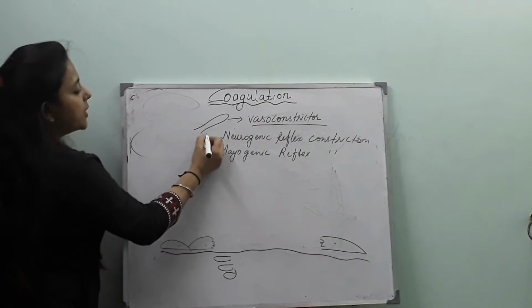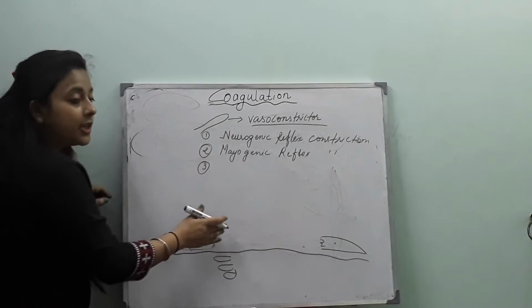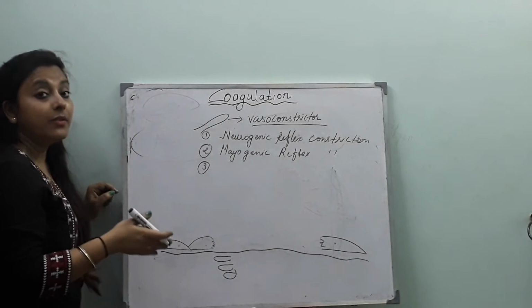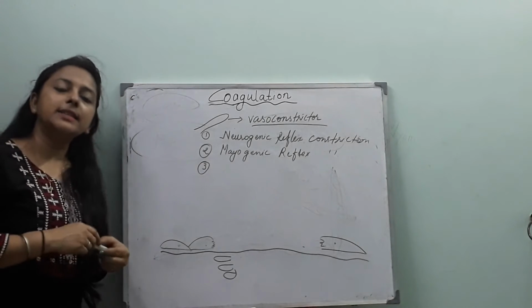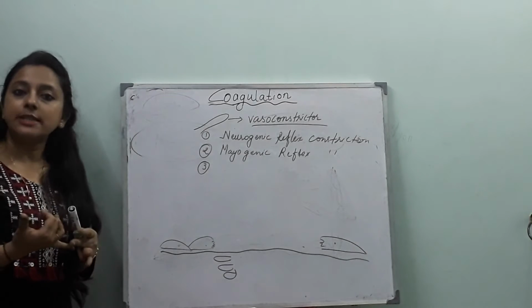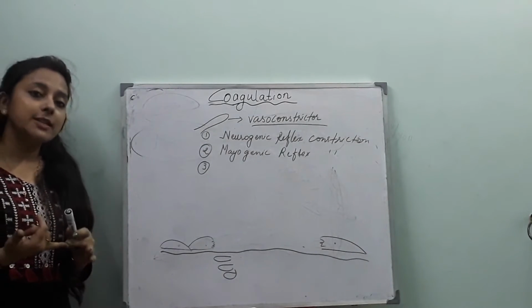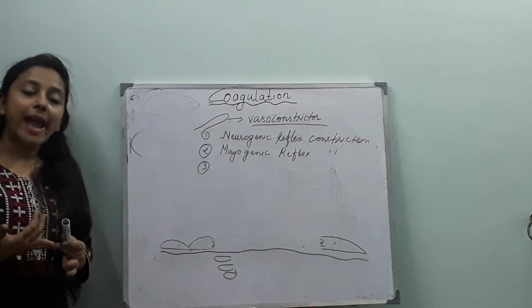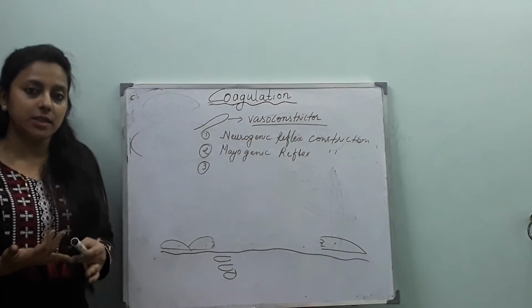And the third one, this is first, this is second, and the third one: endothelial tissue itself acts as a vasoconstrictor. You should know one thing, healthy endothelium acts as a vasodilator. It produces some chemicals like prostacyclin and nitric oxide, which we have discussed in our previous video. This prostacyclin and nitric oxide not only act as antiplatelet aggregating agents, they also act as vasodilators.